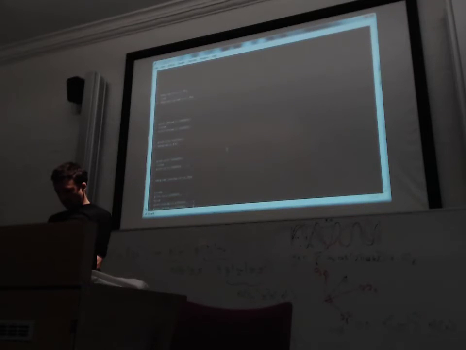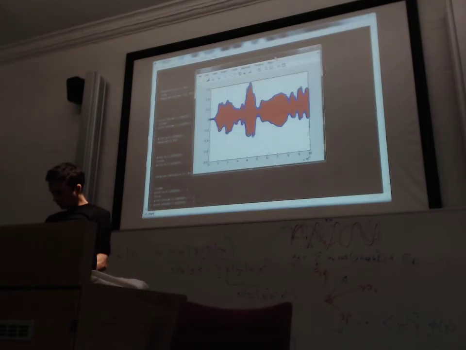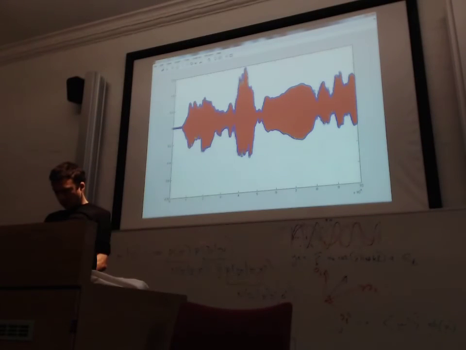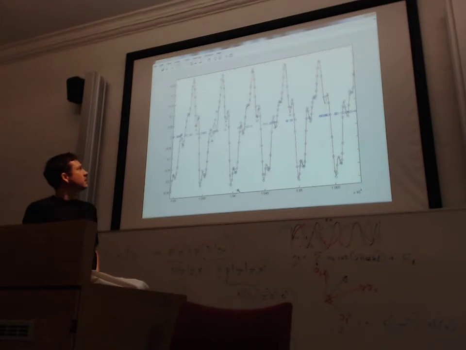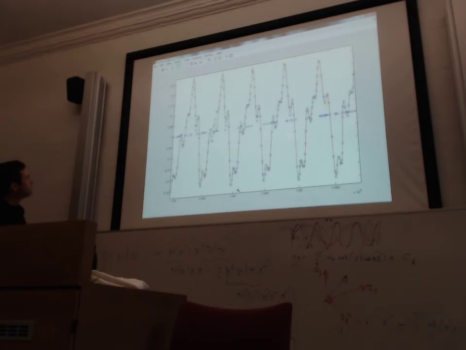And let's put the reconstruction. So just to remind you again, the red is the reconstruction, the green is the true uncorrupted signal, and the blue is the actual corrupted signal.